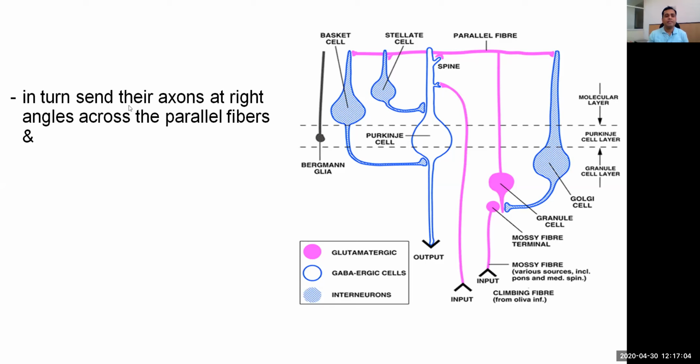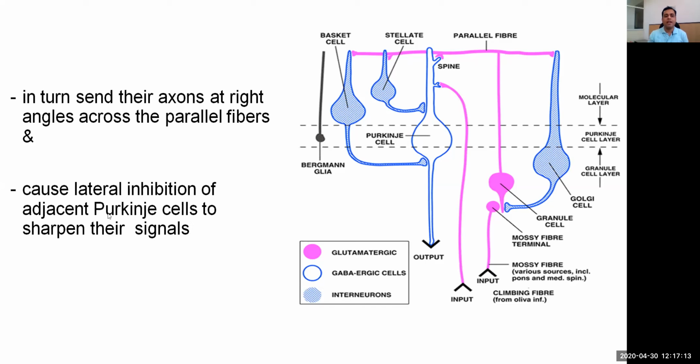In turn, they send their axon at right angles across the parallel fiber, as we can see here, causing lateral inhibition of adjacent Purkinje cells to sharpen their signal. What the lateral inhibition role is in the sensory system, we have already described while learning about the various aspects of the sensory system.